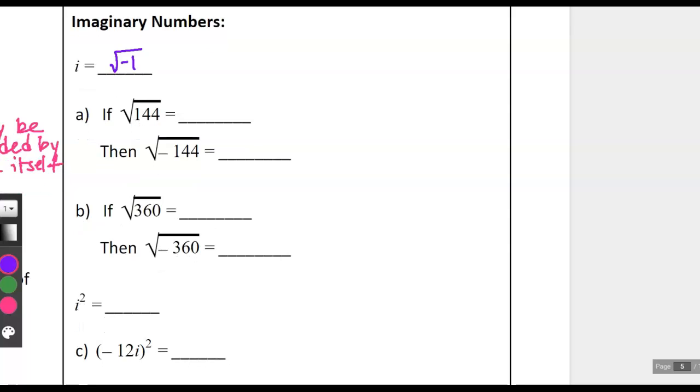Now, what is the square root of 144? 12. The square root of negative 144, we can think of these as being square rooted separately. The square root of the negative and the square root of the 144. Now, what did we say the square root of 144 is? And what did we say the square root of negative 1 is? i. So the square root of negative 144 is 12i.